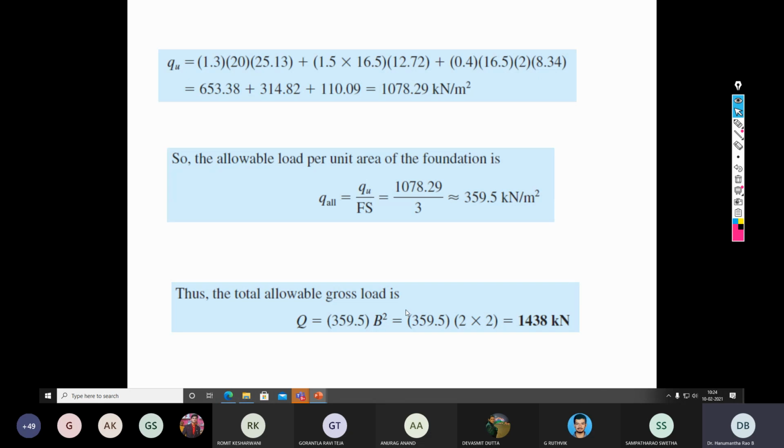B squared is unknown. Look at these equations. Capital Q has been given as 1000 kilonewton. Q ultimate or Q allowable you need to calculate, and B is unknown. It's simply this equation only.